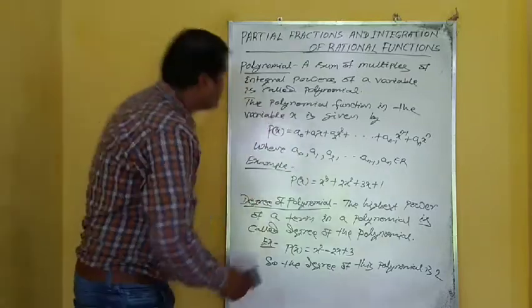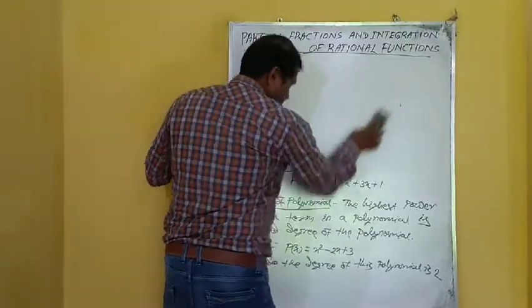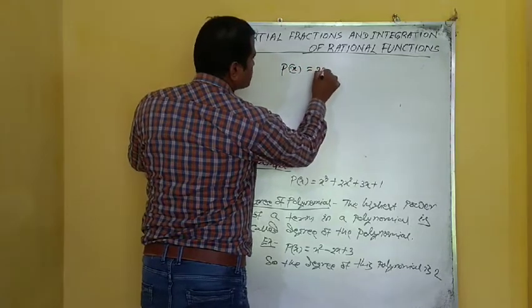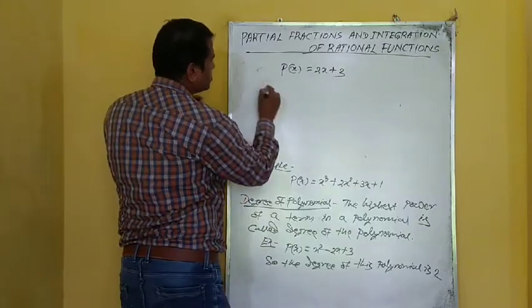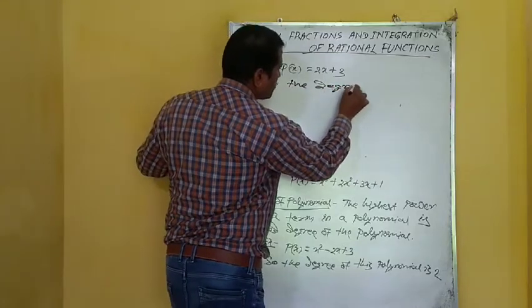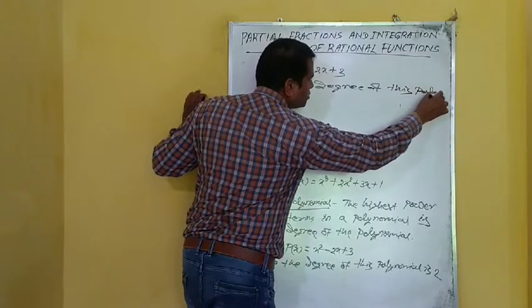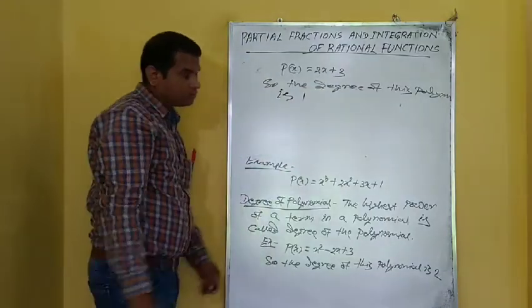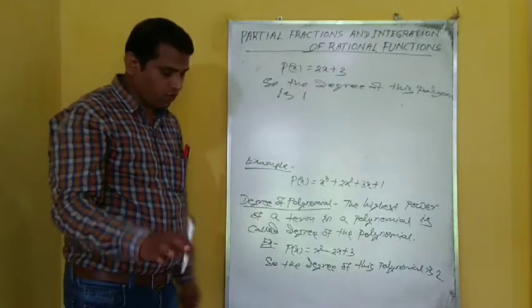If we write p of x is equal to 2x plus 3, the degree of this polynomial is 1 because the highest power term is 2x, the power of x is 1.